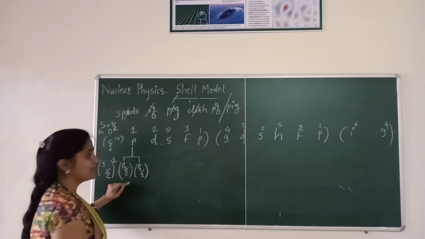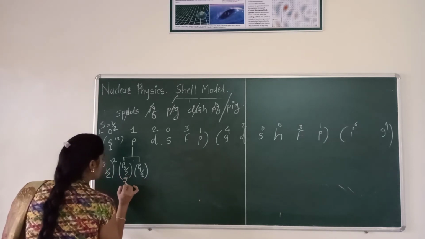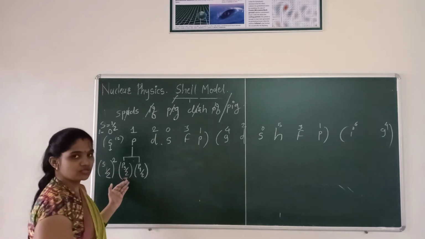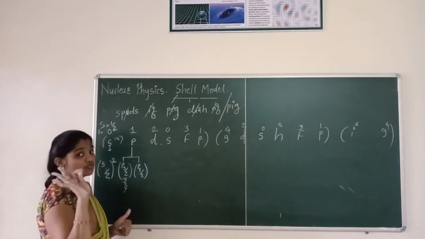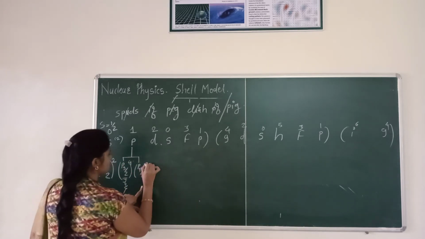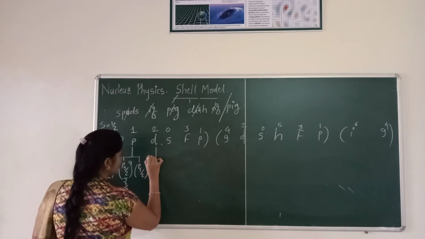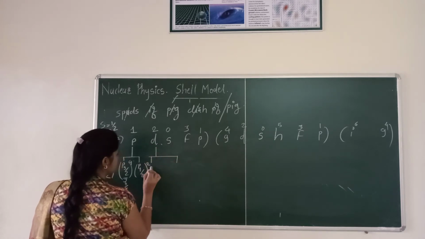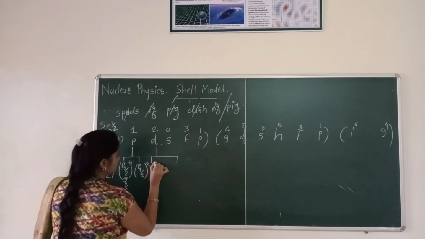Now when it is P3/2, what is the total J value? 3/2, 1/2, minus 1/2, minus 3/2. Means there should be 4 nucleons in this state. Understand? Here 2.